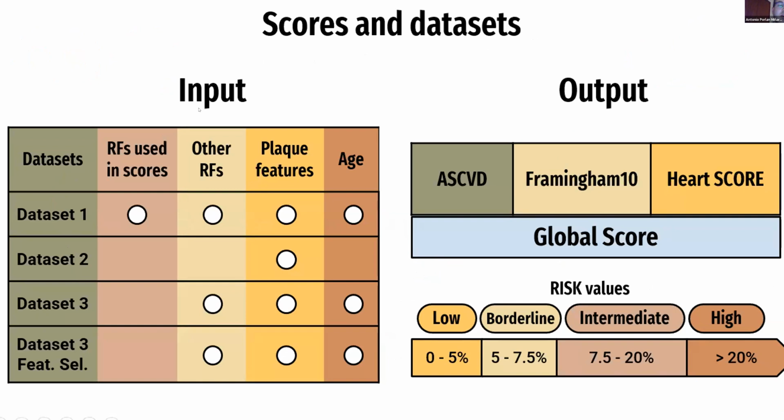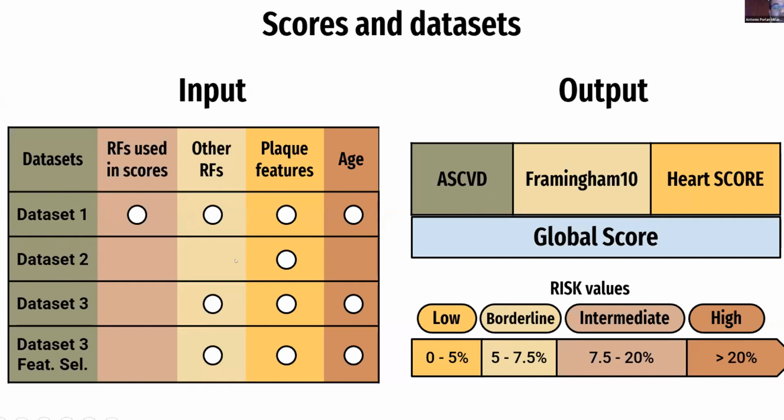We have the input of our models and the output of our models. For the input, we use different data sets, and every one of them had different features. For instance, dataset 1, the purpose was to evaluate every feature that we had, apart from those related to scores.